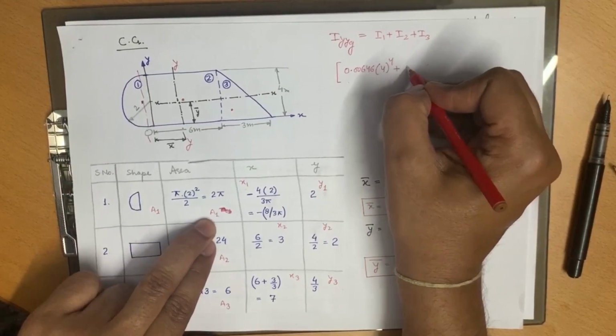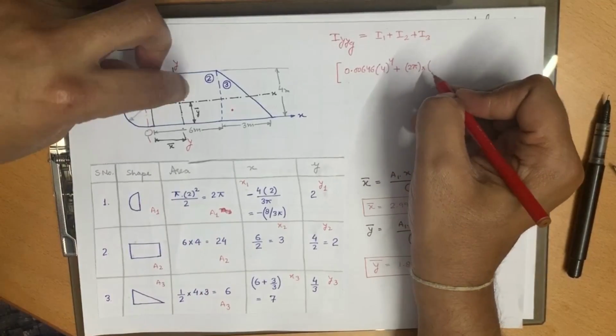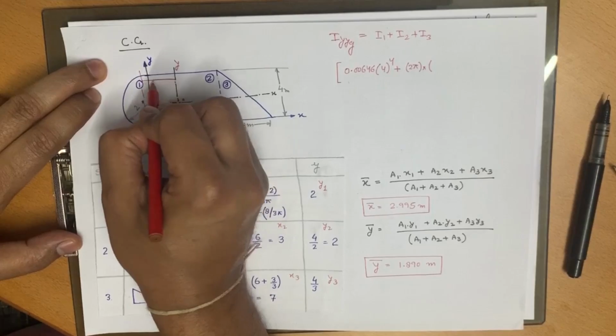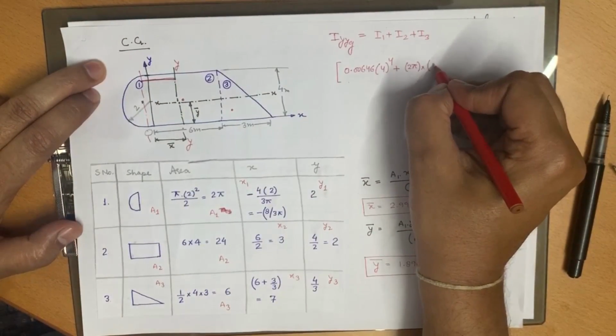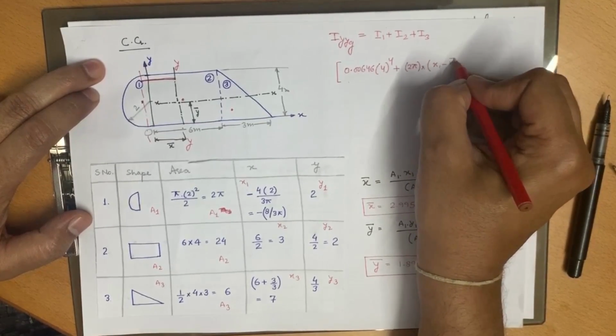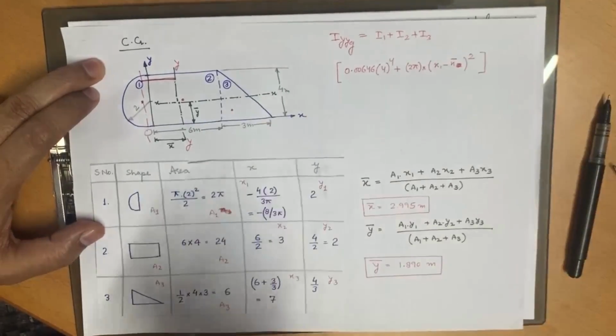Parallel axis theorem is area 2 pi multiplied by distance between the two. Distance between the two is this distance, and this distance is x1 minus x bar, whole square of this.